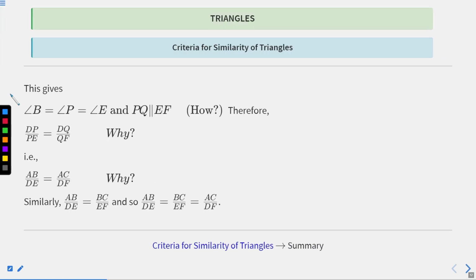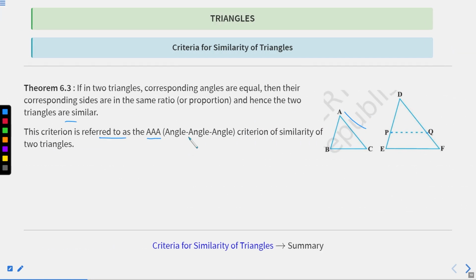This gives us angle B equal to angle P, which is equal to angle E, and PQ is parallel to EF. How? Because these are equal angles, so this line PQ is parallel to EF.